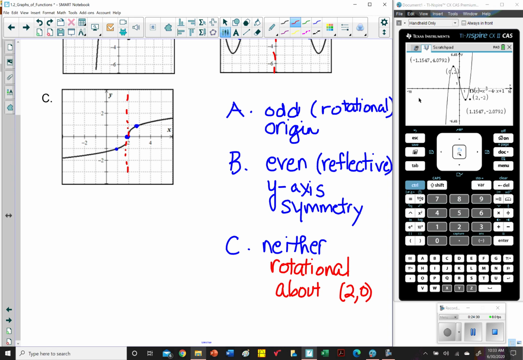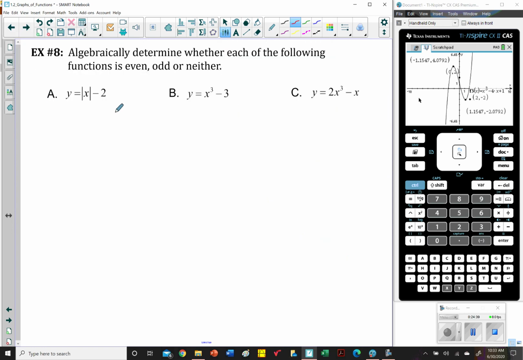from geometry. Now, we can look at even and odd and symmetry from a graph. How about from algebra? So here we want to use the test. You can think about the graph at the same time. So in this case, if we take our test and substitute the opposite of x, the absolute value of a negative number is going to be a positive number.